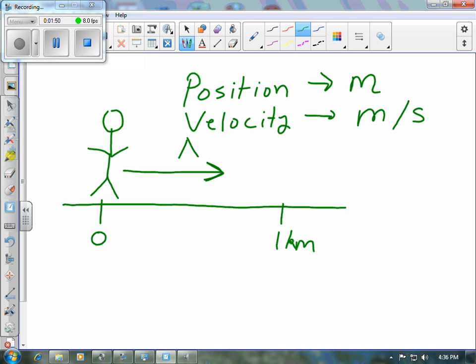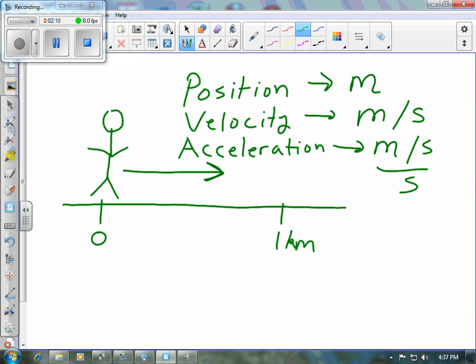And acceleration, which we're less familiar with in everyday life, is in units of what? Anybody know? Andre? Meters per second. Right. Meters per second per second.